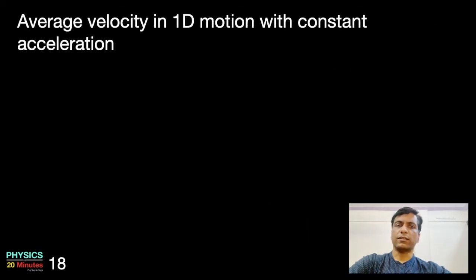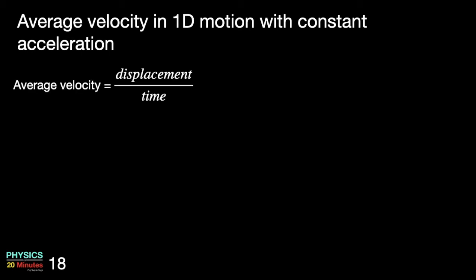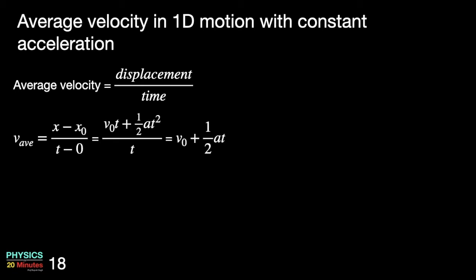If there is acceleration, then the velocity keeps changing. What will be the average velocity if there is constant acceleration? How do we evaluate that? Let's see. Average velocity is nothing but displacement upon time. v average is (x minus x0) upon (t minus 0). We have just seen that x minus x0 is v0t plus half at square.